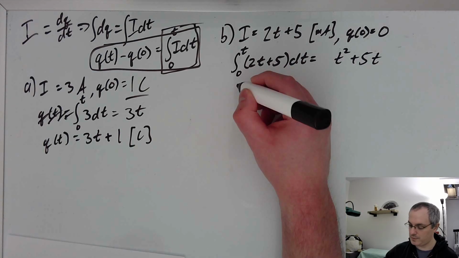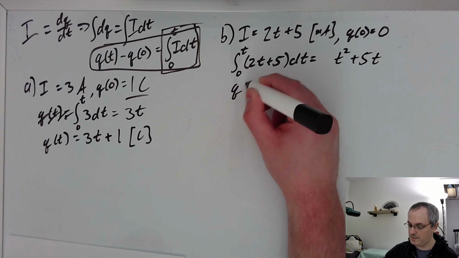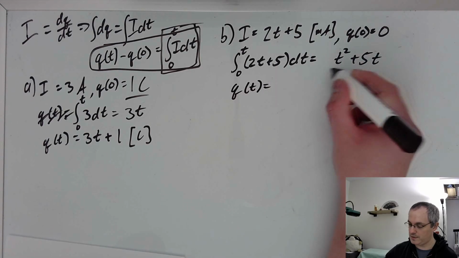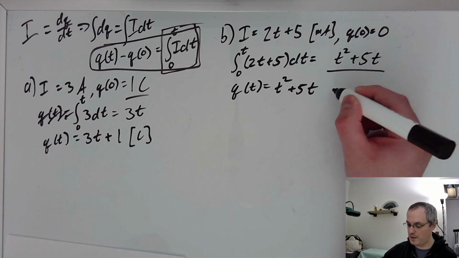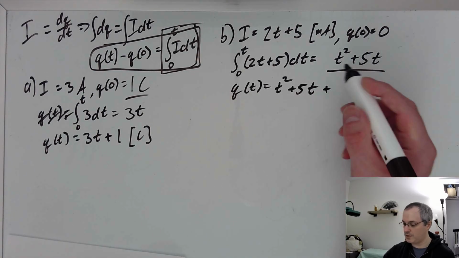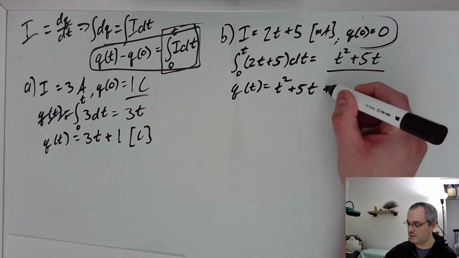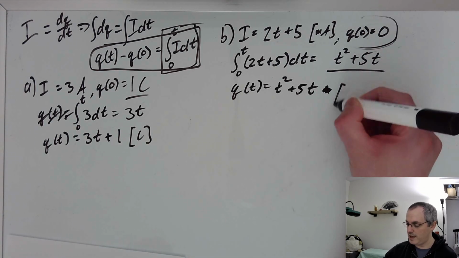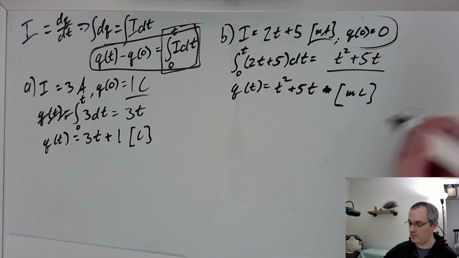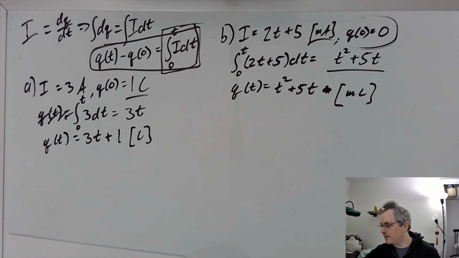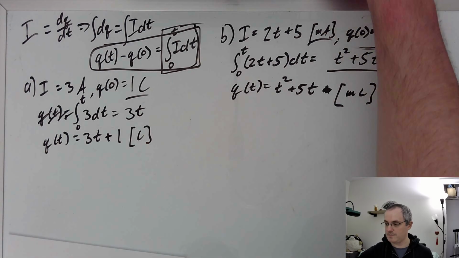So q at t will be t squared plus 5t plus nothing, which is just 0, so we don't even need a plus. It was milliamps there, the charge was 0, and so it's millicoulombs. All right, I'm going to erase this, and then we will do number C, because it looks a bit bigger.